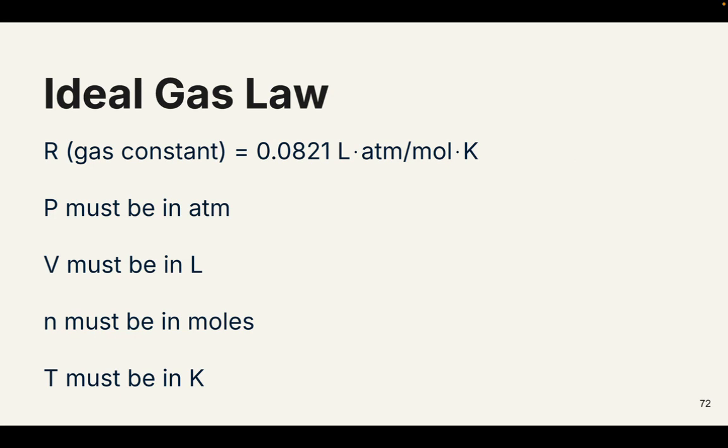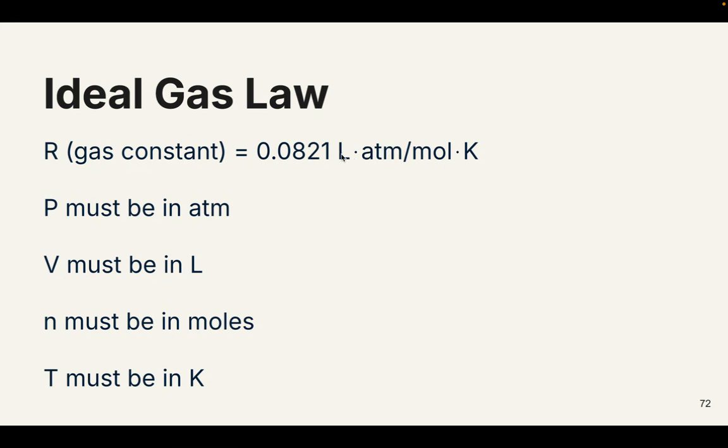And the number for that is 0.0821 liter atmospheres per mole Kelvin. The units on our gas constant are going to dictate the units for our other variables. They need to match up with the units in our gas constant. Okay, so our pressure has to be in atmospheres.